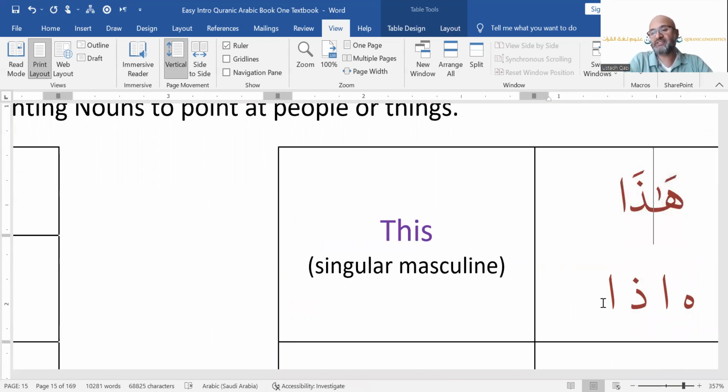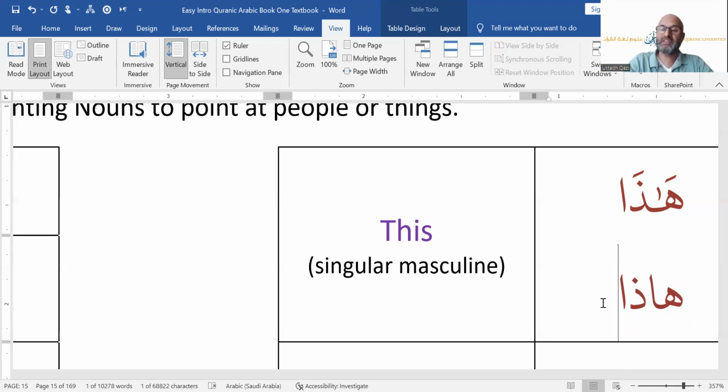And this alif that's written here is called alif khanjariyah or dagger alif. It looks like a little dagger, hovering up above. And for some reason, they did not write it in the Mus'haf. So originally, it's supposed to be written like this, hadha. Why didn't they write this alif? It could be for different reasons.